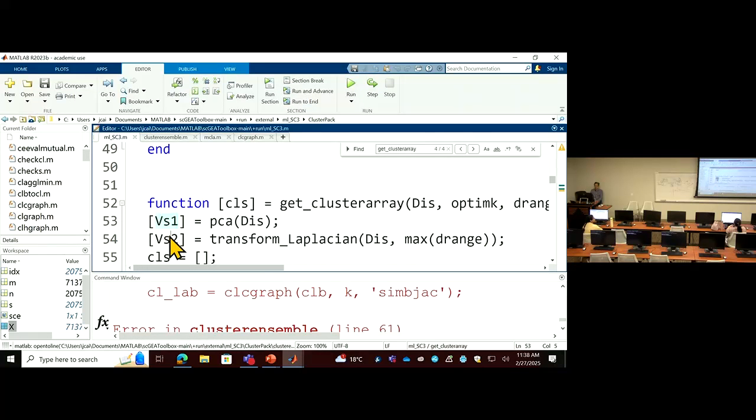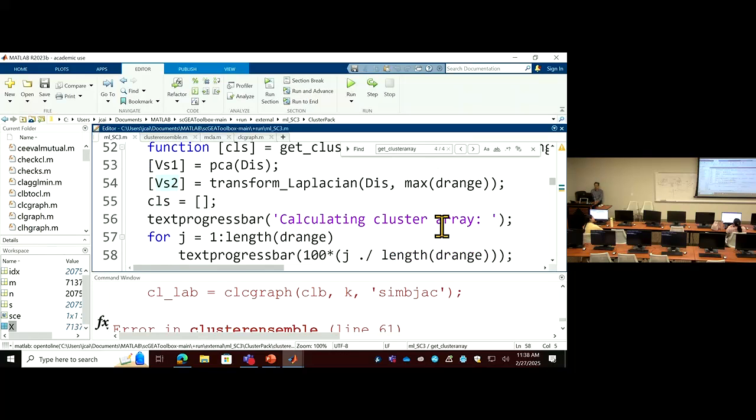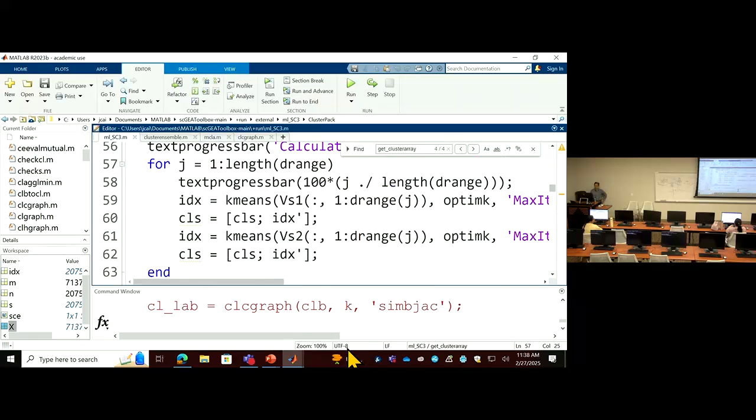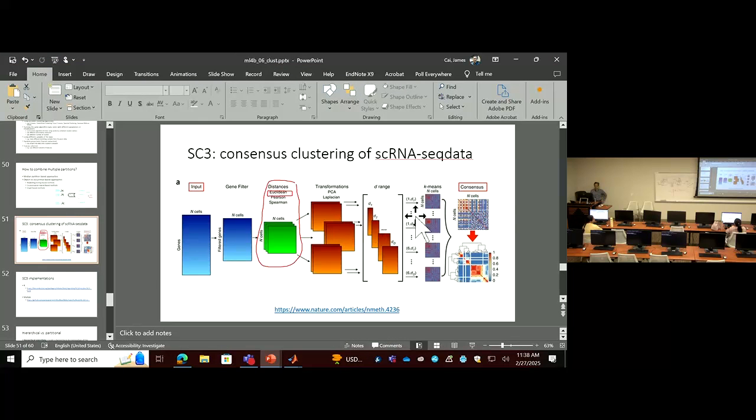So for this transformed matrix, it starts to do the D-range, basically sliding using different range combinations. That's where these steps are.